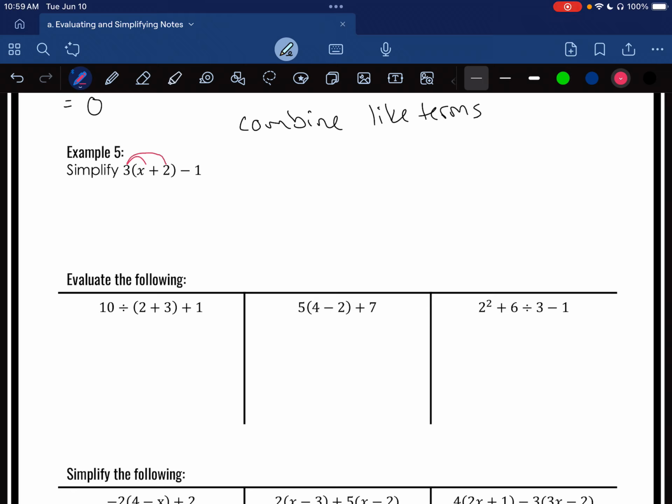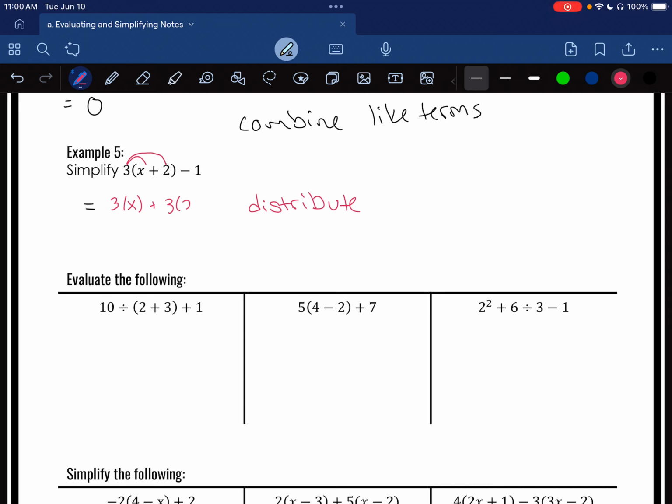So I'm going to start by distributing. And this is the distributive property that we are using, one of my absolute favorites in the world. So this is going to look like 3 times x plus 3 times 2 minus 1.